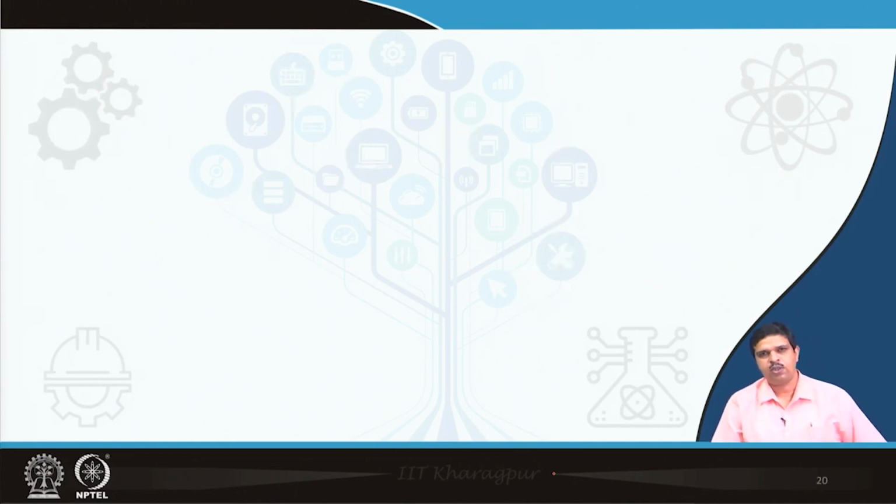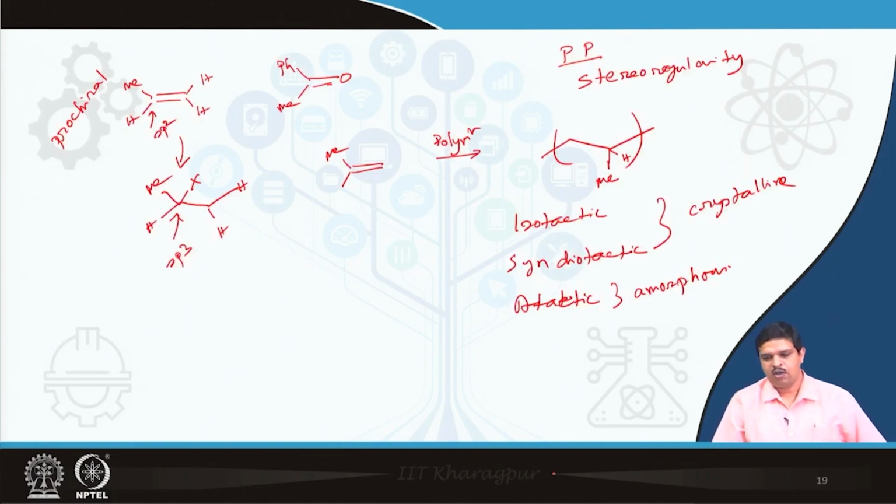In the last class we discussed how you can assign it simply by the chemical shift of the CH2 protons in the repeating units of polypropylene. And we explained why the chemical shift is different for the isotactic or syndiotactic scenario. So, we will discuss this in more depth today.